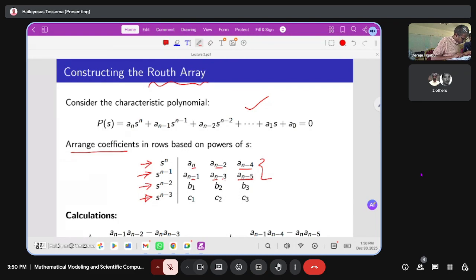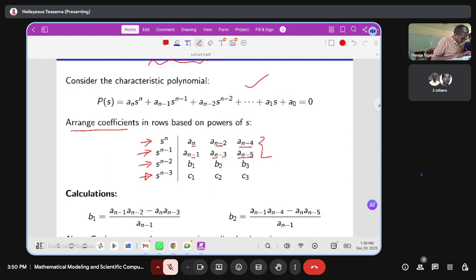Then the remaining rows are obtained from the characteristic polynomial coefficients. For instance, to determine B1, we use a_(n-1) as a pivot.